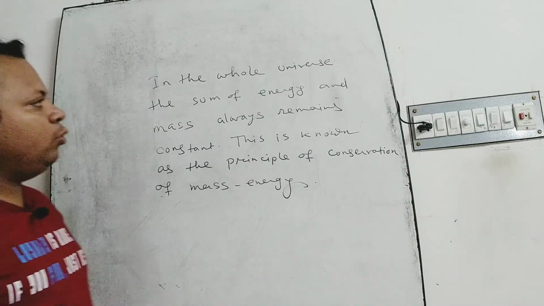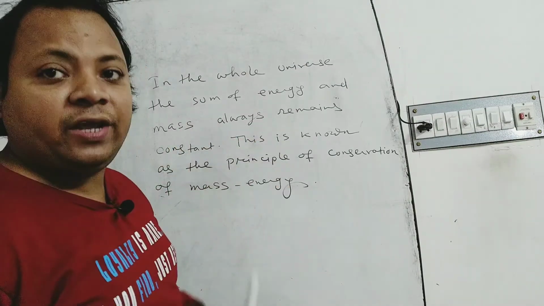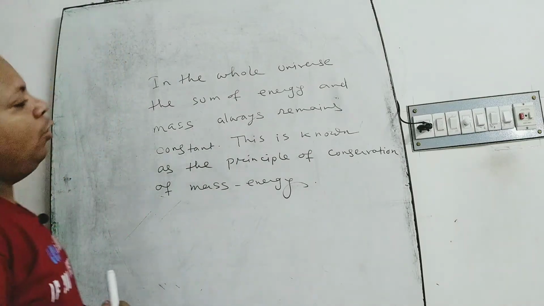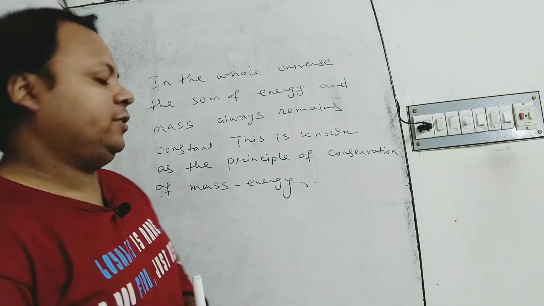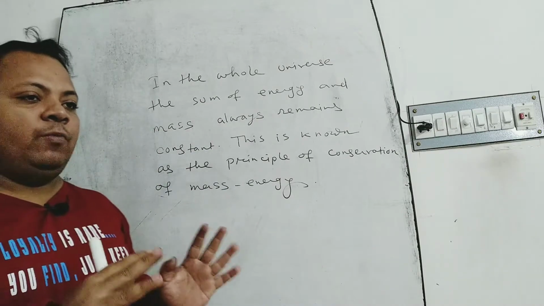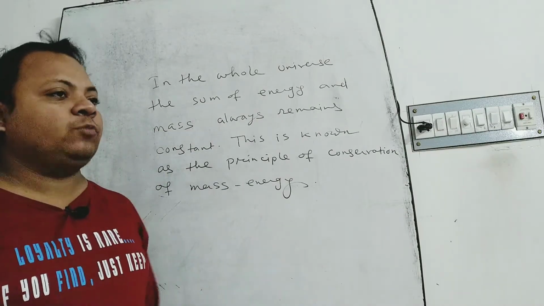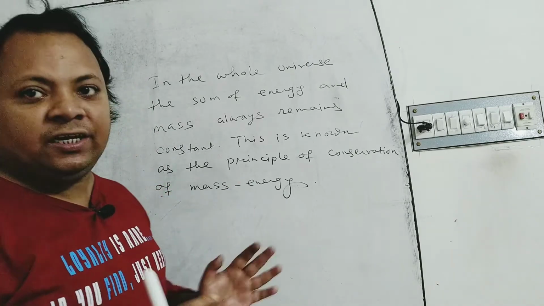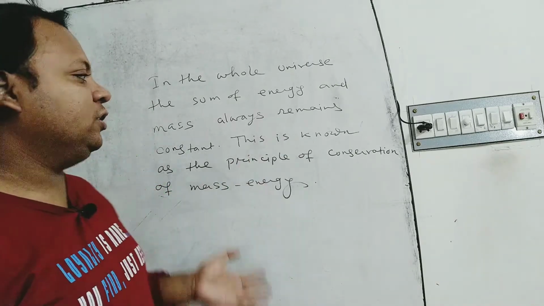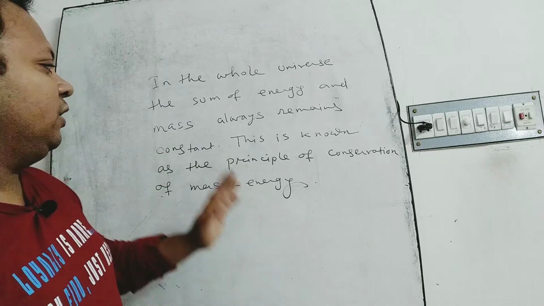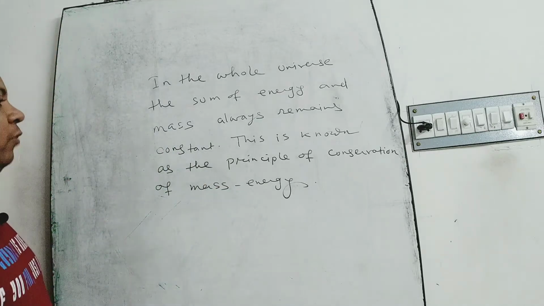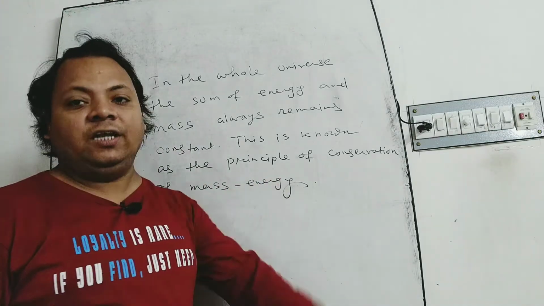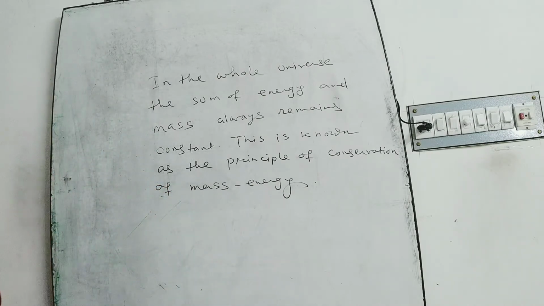Now, in the whole universe, the sum of energy and mass always remains constant. That is, the sum of mass and energy of a system, or the sum of mass and energy in the universe, always remains constant. This is known as the principle of conservation of mass and energy.